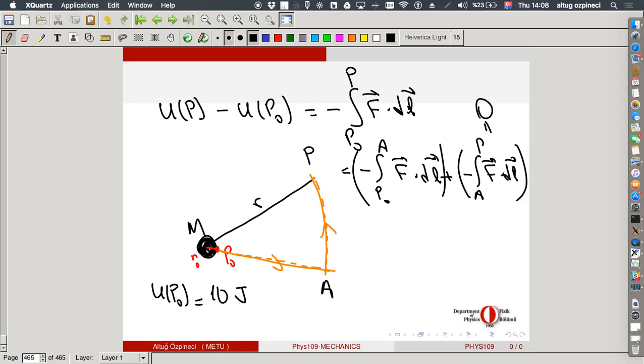F and dl are perpendicular to each other at every step. So F dot dl at every step is 0, and hence the integral, which is nothing but the sum of all those steps, will be 0. So this part is 0.